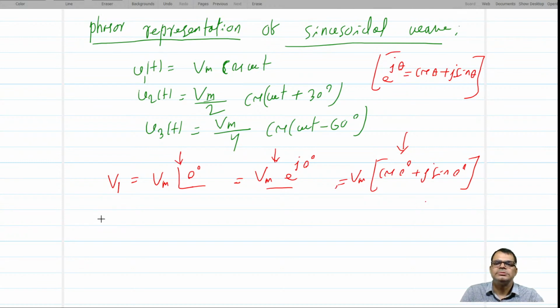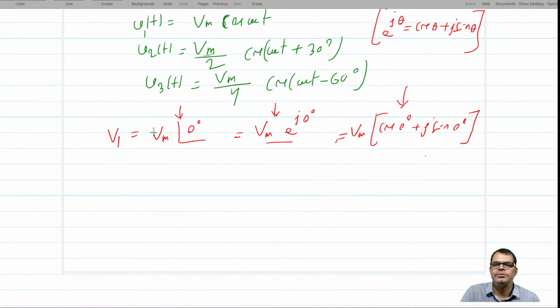So similarly, I can write V2 is Vm upon 2 angle 30 degree, or Vm e raised to the power j 30.